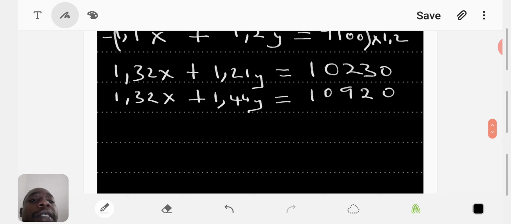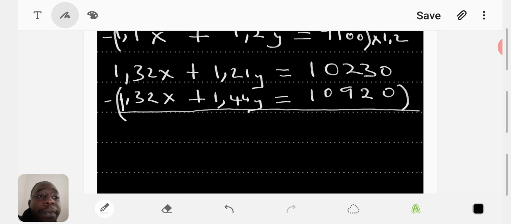Now we subtract these. 1.32 minus that, we get 0.